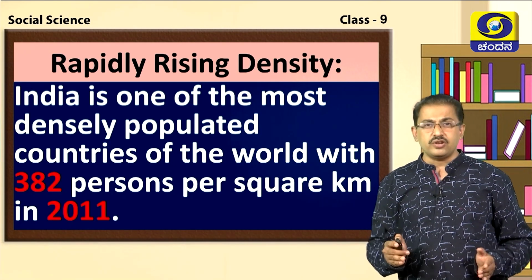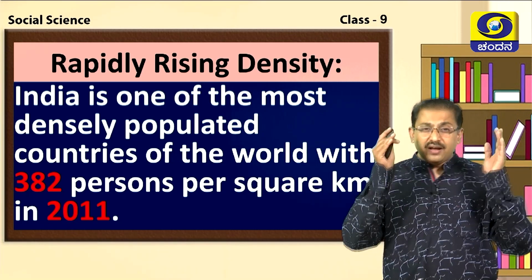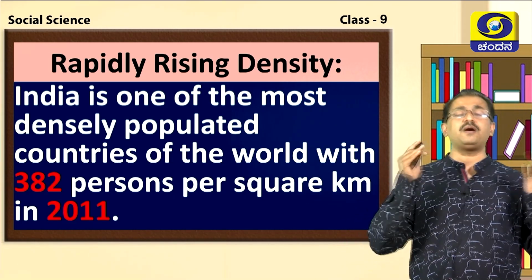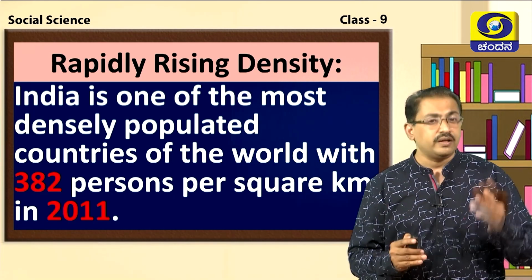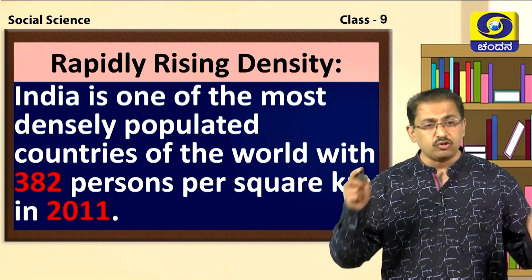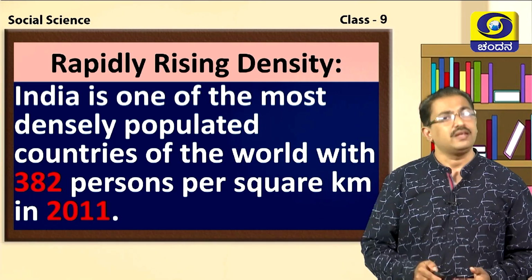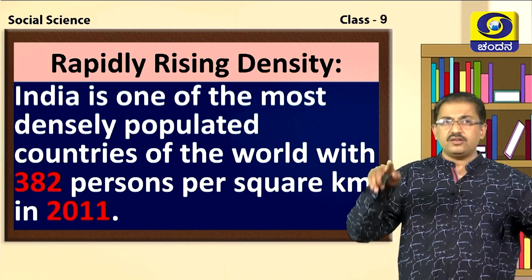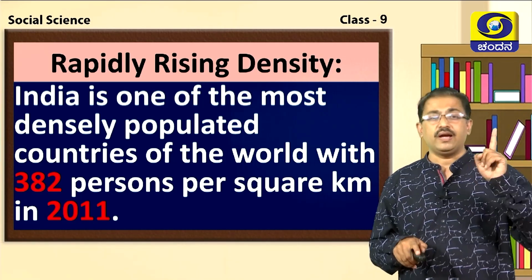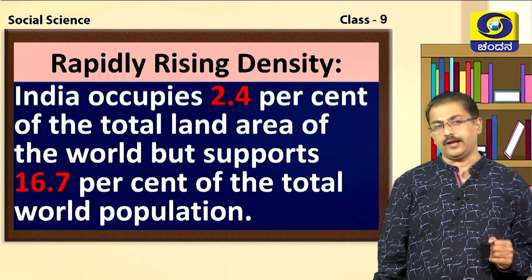So, India's density of population is also rapidly rising. India is one of the most densely populated countries in the world, next to China. We have 382 persons per square kilometer as per the census report of 2011. That means for every single square kilometer, we have 382 average people living in this country.